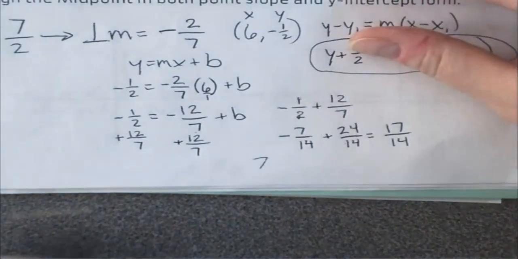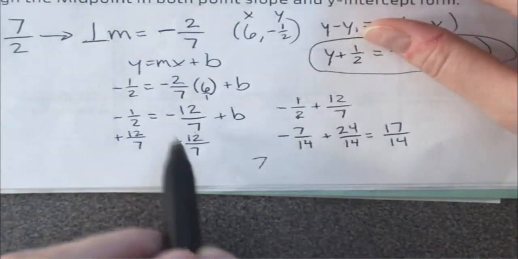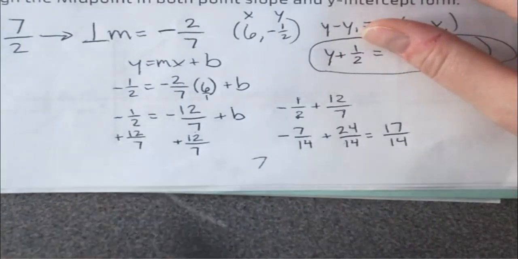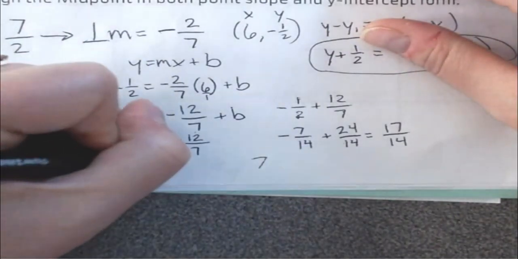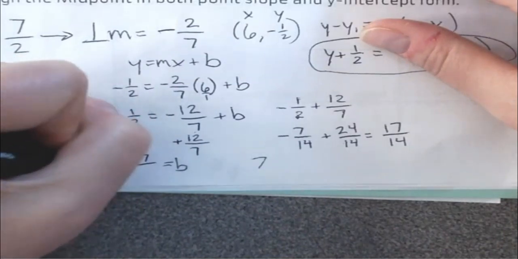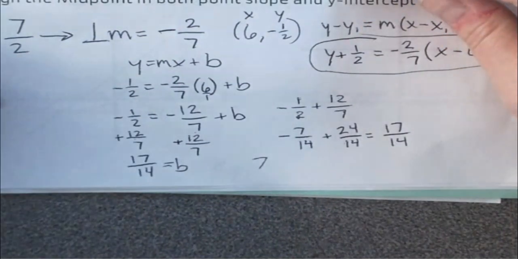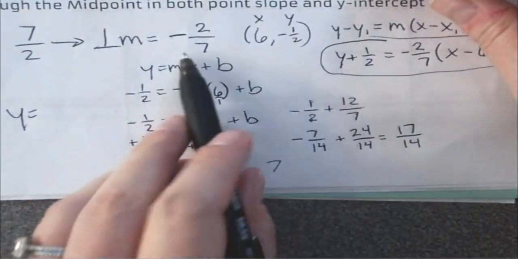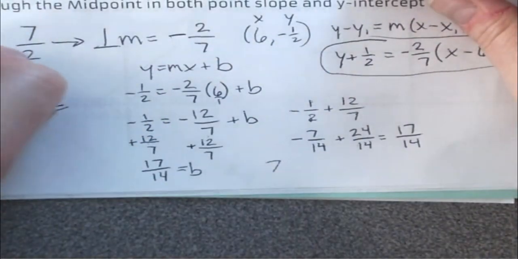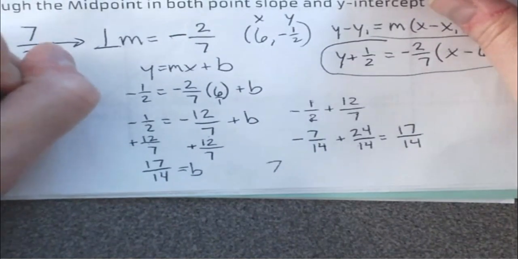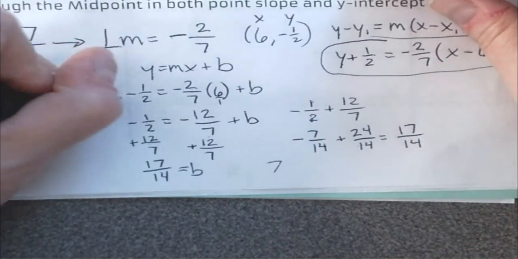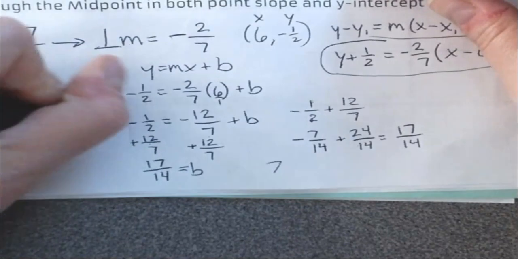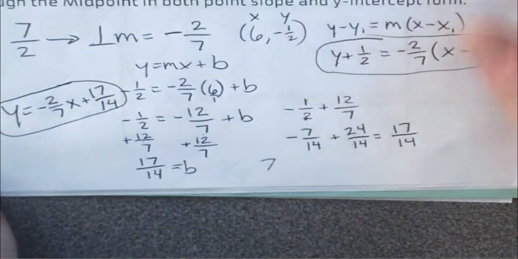And that is what our B is, because that's what we got when we added these together. So B is going to equal 17 over 14. So y equals our perpendicular slope, negative 2 over 7, x plus 17 over 14. Woo!